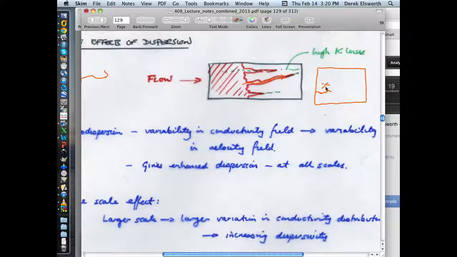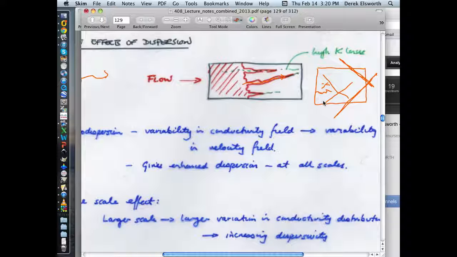But now as you go further out from here and the plume grows, maybe you have the chance of hitting a much bigger feature, like a fault, which has a much bigger permeability contrast, because you're sampling a much bigger patch of your aquifer. And as you go even outside that, the chance of hitting a really big open fault is perhaps even larger.